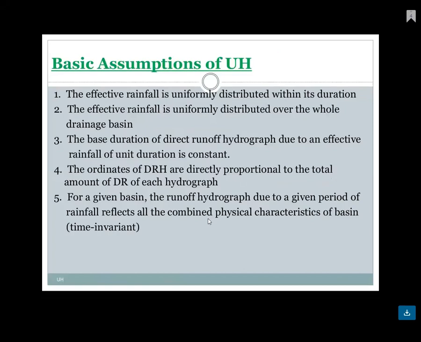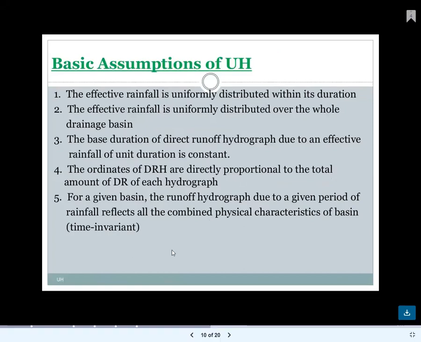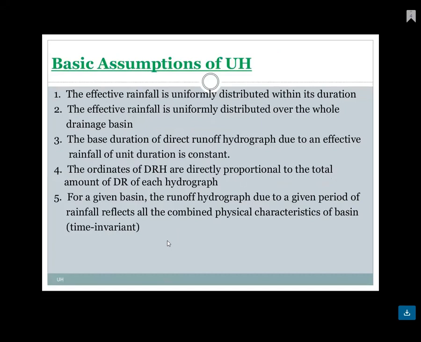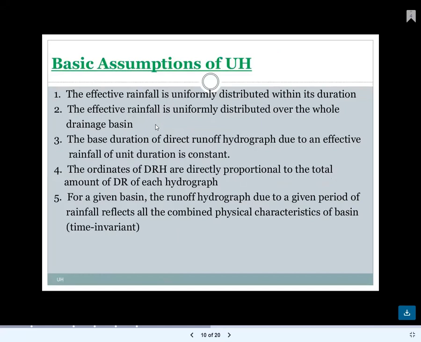Okay, so there are some basic assumptions in this unit hydrograph. As we know, the duration of precipitation and the intensity of excess precipitation are the controlling parameters. The first assumption is that the effective rainfall is uniformly distributed within its duration.